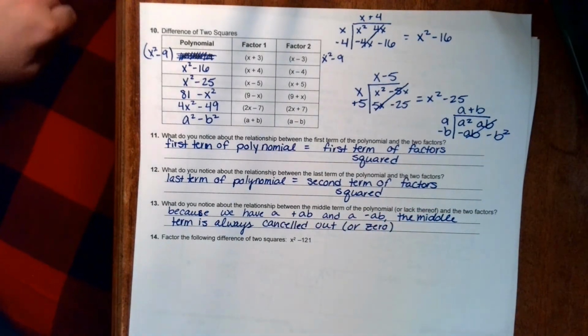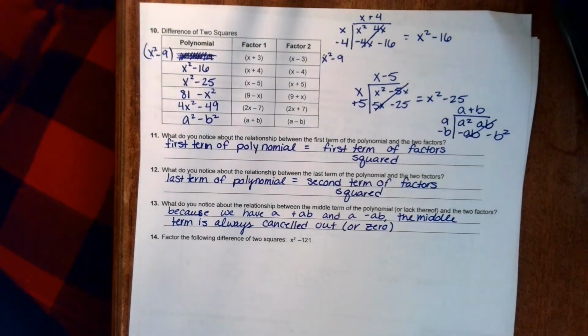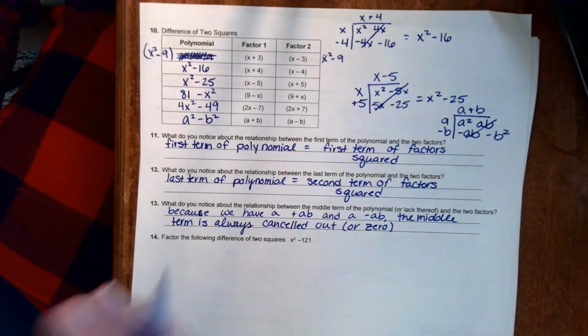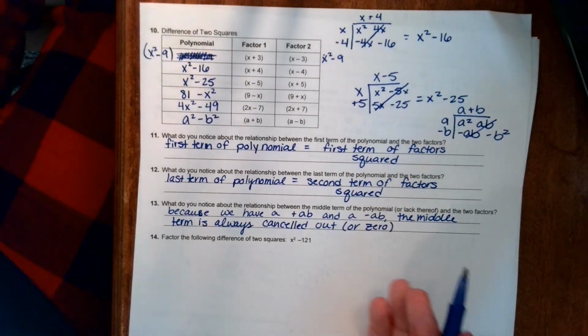We could say there's a middle term of 0, but that really just doesn't help us. But that's basically what it is. It's negative ab and positive ab equals 0. So our middle term technically is 0, but we don't need to write that, so it cancels itself out.